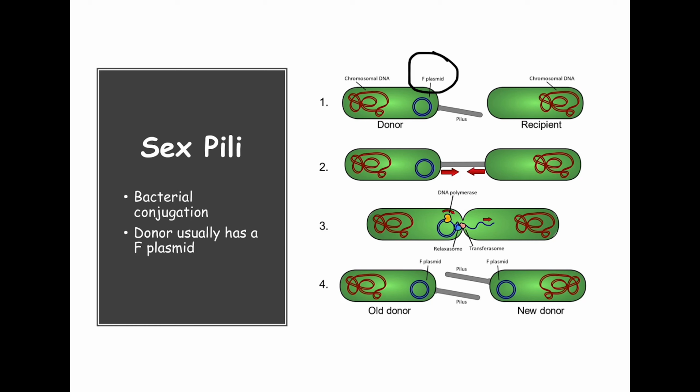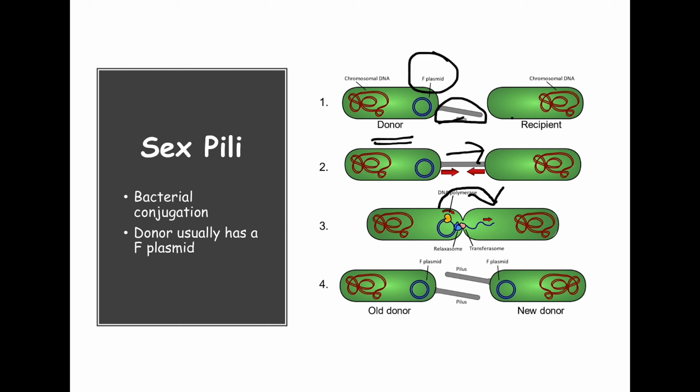we will have an extension of sex pili that will then attach to a recipient. The organism that has the F plasmid is known as the donor. Okay, and what it's going to donate is an actual copy of the plasmid. Now here's the kicker. The plasmid goes through that pili.